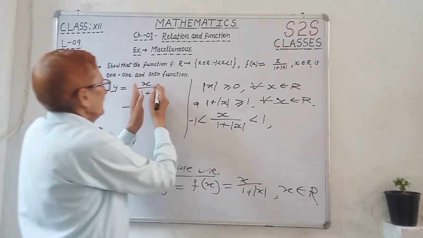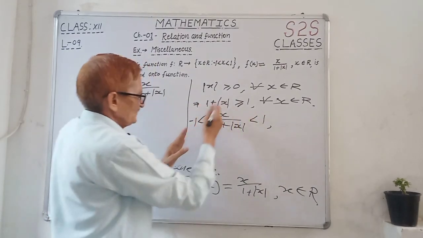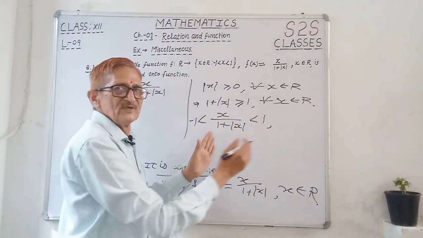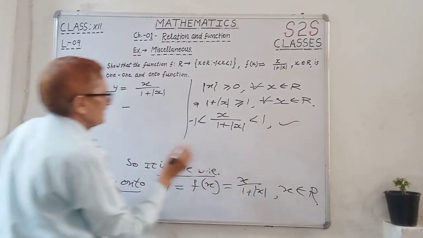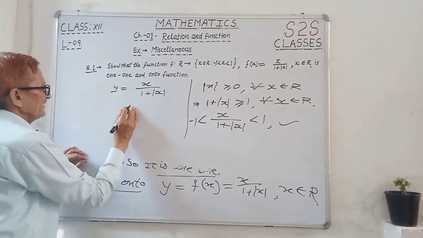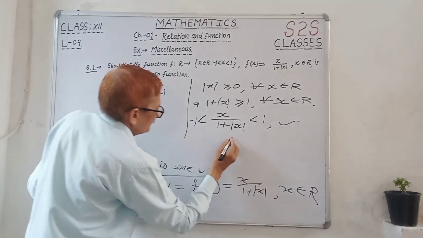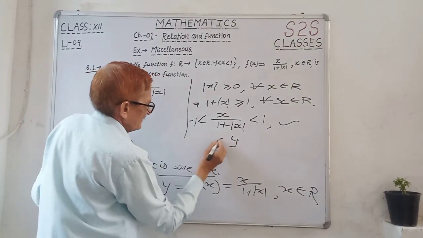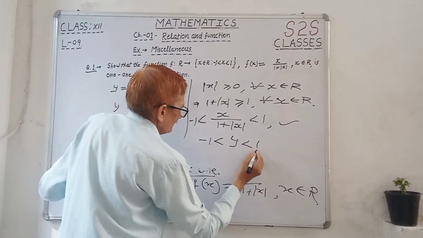And if x is a positive real number, then x upon 1 plus mod x will be between 0 and 1. So now this is clear: y is greater than minus 1 and less than 1.